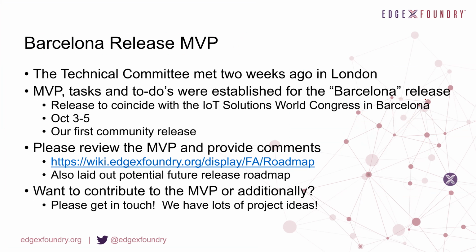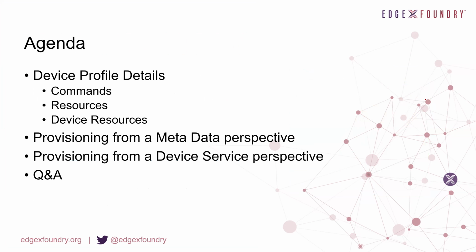So here's the Barcelona release page that I was talking about. We have the link there to the wiki page for the roadmap. All right, our agenda for today, we're going through the device profile. We're going to talk about our commands, resources, and device resources, our 3 major components of the device profile.